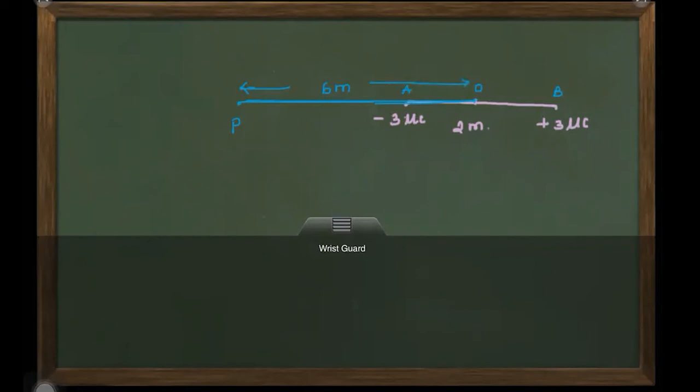And this O is the midpoint. So from A to O, it will be 1 meter, and from here to here, it will be again 1 meter.